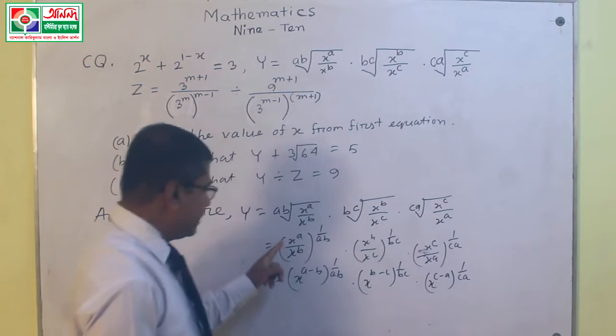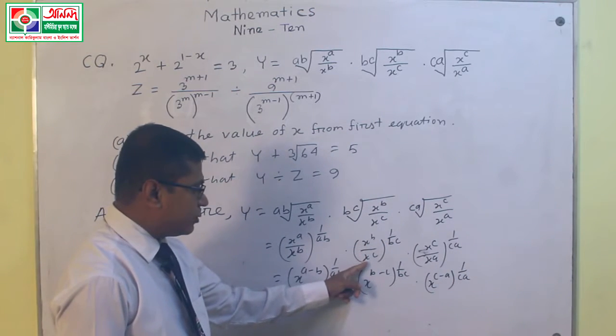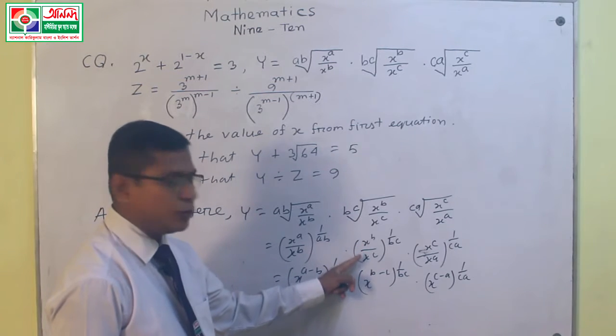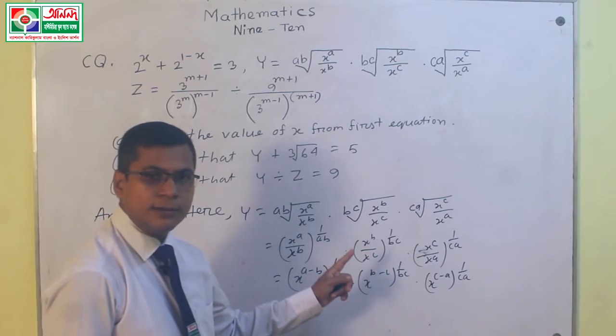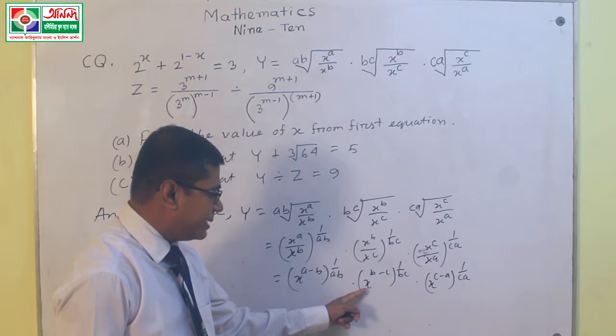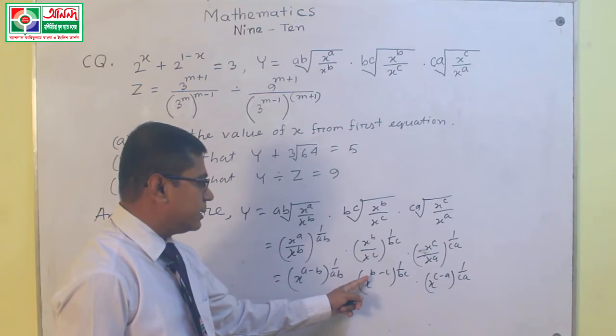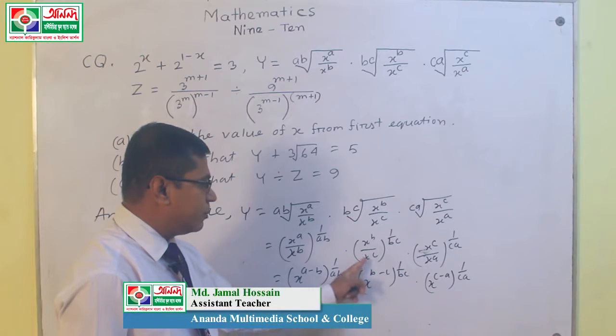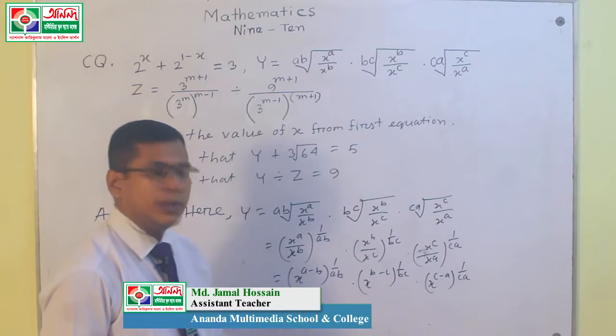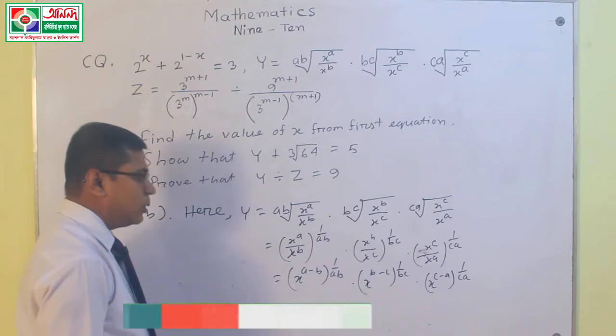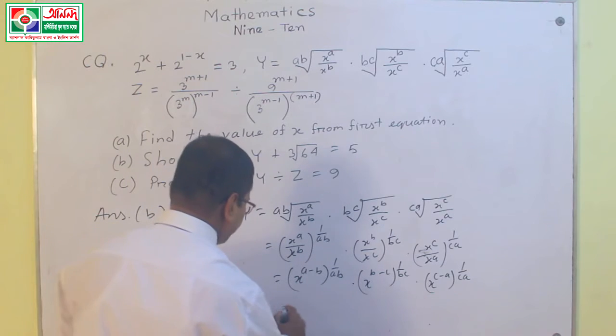Look at x to the power b by x to the power c: the base is the same, so we write only one base x and the power is subtracted. So here we have written b minus c, and in the same way x to the power c minus a, whole to the power 1 by ca.